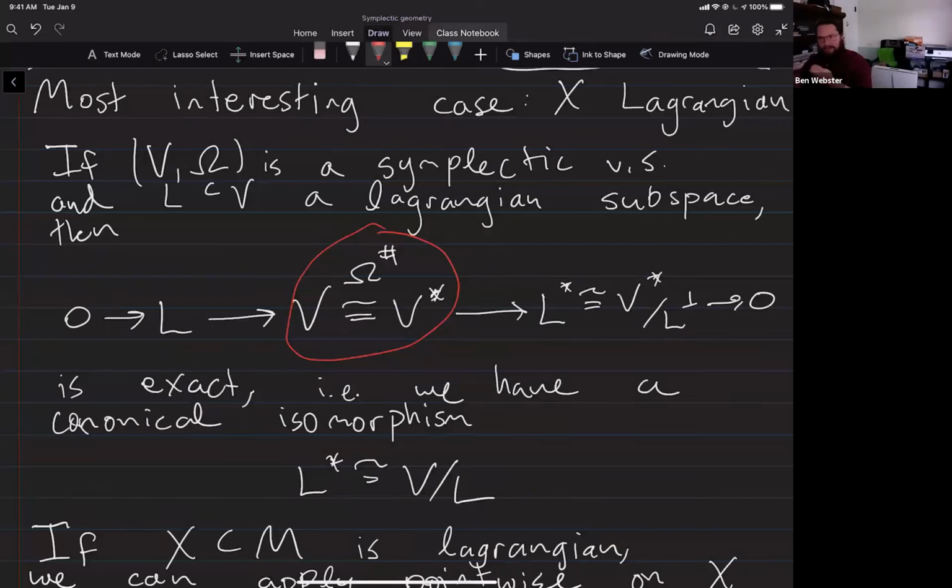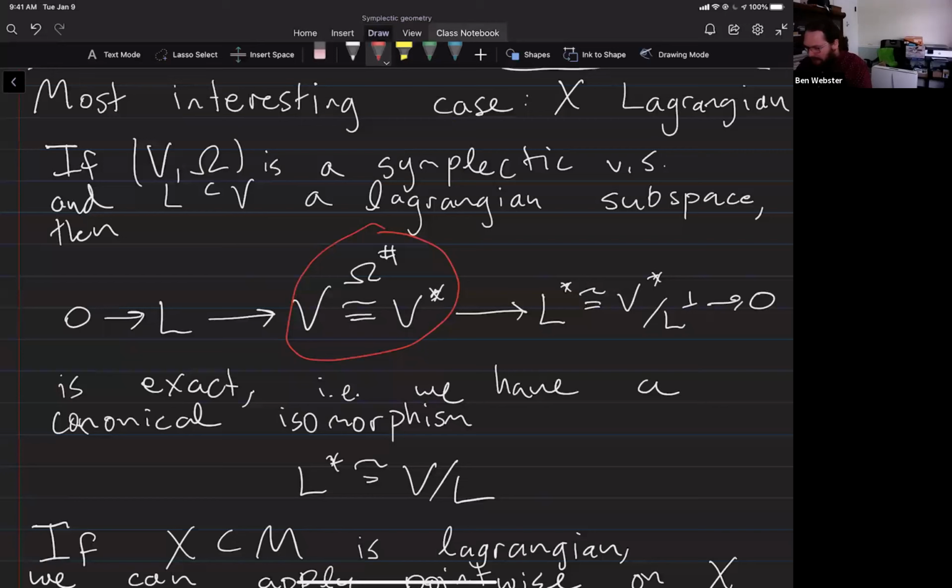It's the dual space modulo the functionals which are 0 on that subspace. Because L is Lagrangian, you can actually say L is Lagrangian if and only if this sequence is exact, if and only if the image of L is exactly the kernel of this map to L dual.